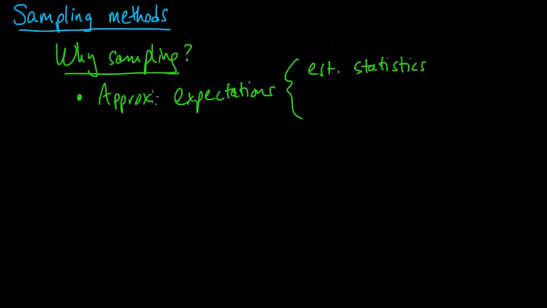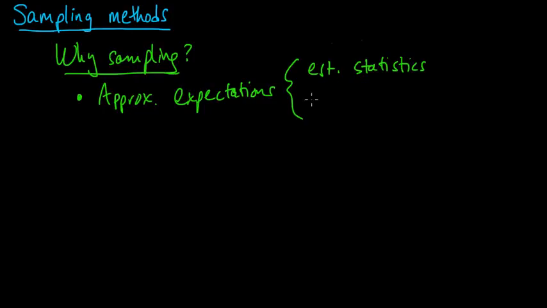That would be an expectation that you might estimate, or you might estimate, if you're in physics or something, the length of time before some reaction occurs, something like that. So this is one application of expectations, and this is sort of the general thing, estimating statistics.